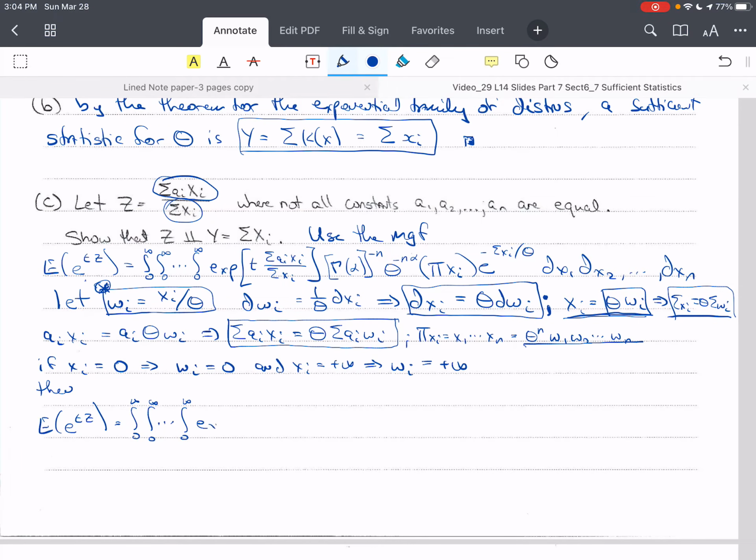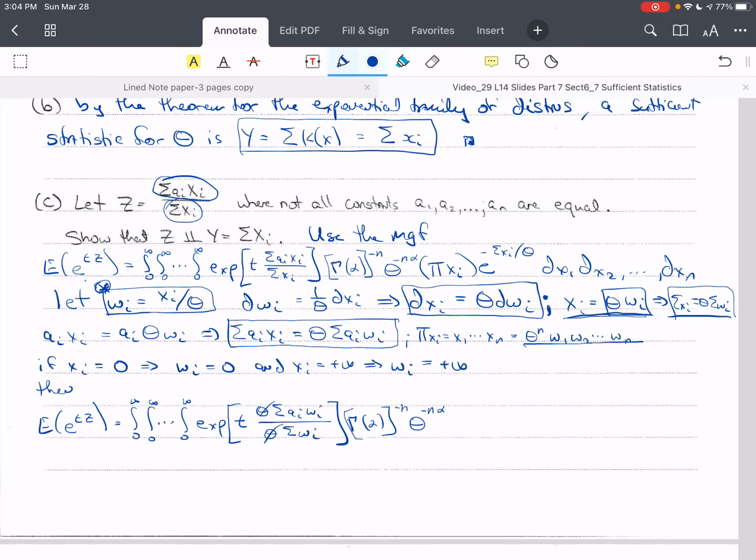And then I have exp of t theta times the sum of a_i w_i over theta times the sum of w_i. These cancel. Okay? And then I have gamma of alpha to the negative n, theta to the negative n times alpha.